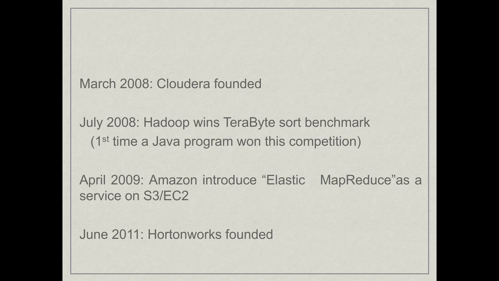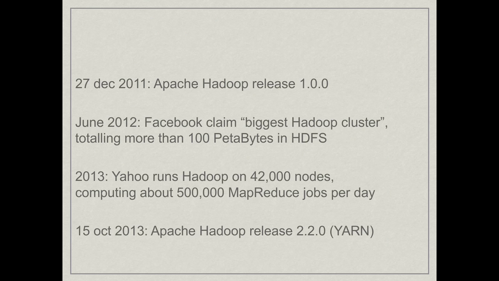In June 2009 Hortonworks was founded, and on 27th December 2011 Apache Hadoop released version 1.0. In June 2012 Facebook claimed the biggest Hadoop cluster, totaling more than 100 petabytes in HDFS. In 2013 Yahoo ran Hadoop on 42,000 nodes, computing about 5 lakh MapReduce jobs per day. And on 15th October 2013 Apache Hadoop 2.2.0 was released.